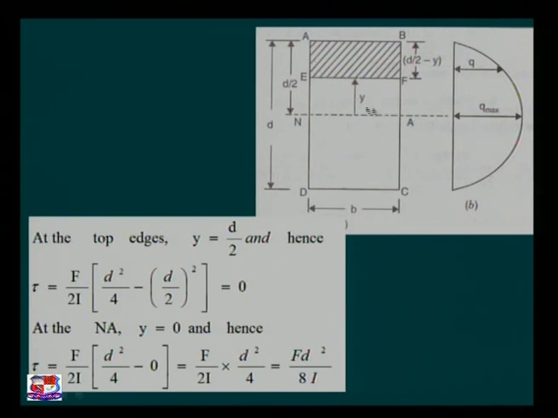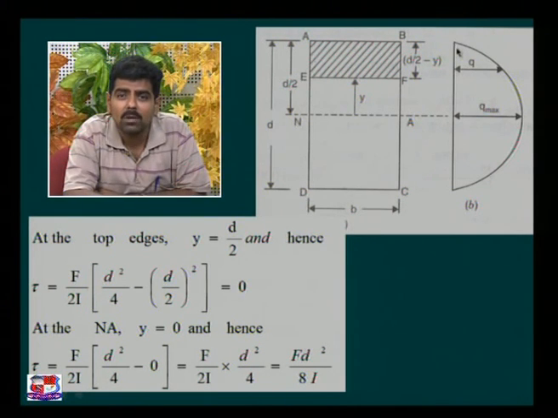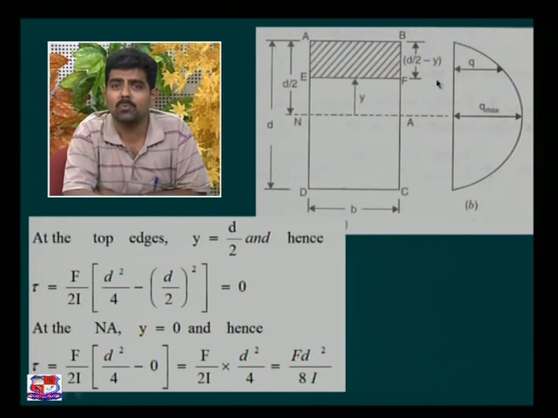So at the neutral axis, the shear stress is maximum, while as we proceed from the neutral axis to the top extreme fiber, the value of y is maximum and tau is 0. Please visualize and confirm over here, which is quite opposite to the bending stress variation.